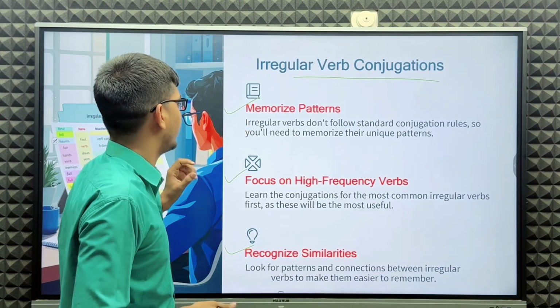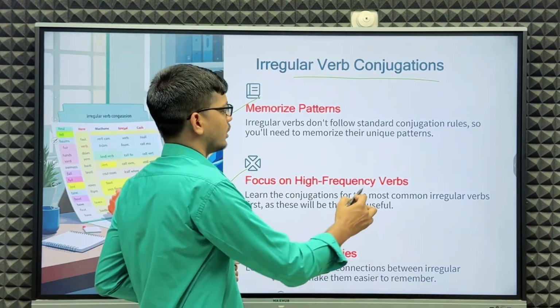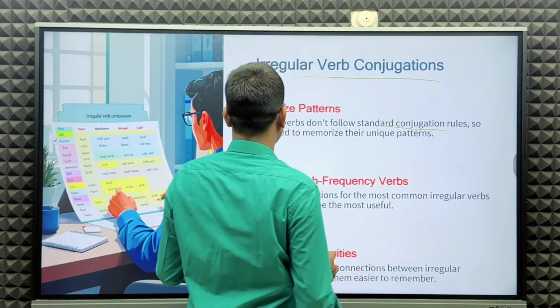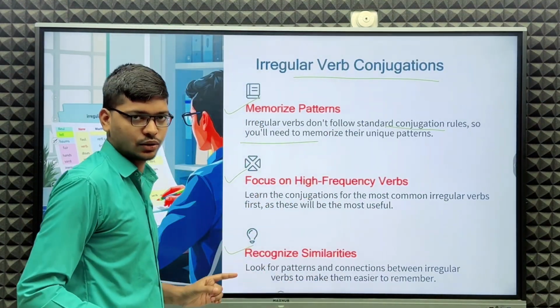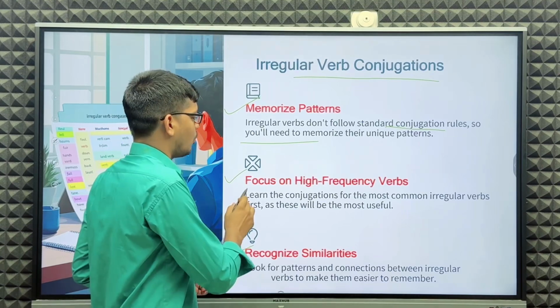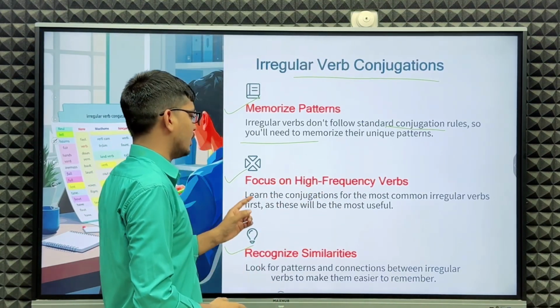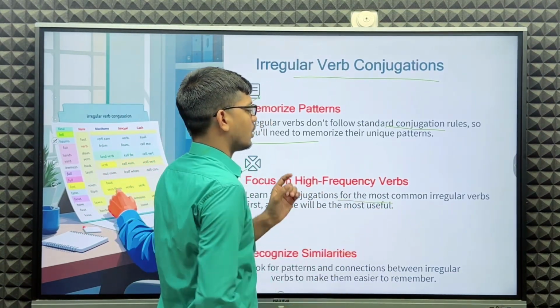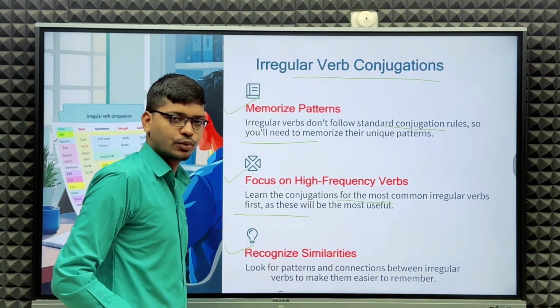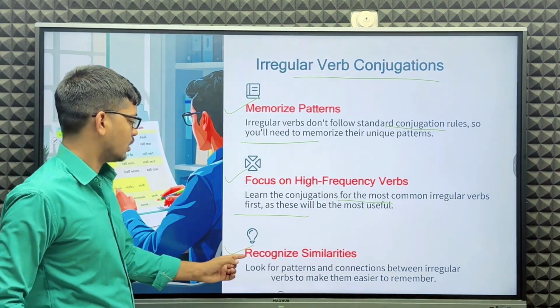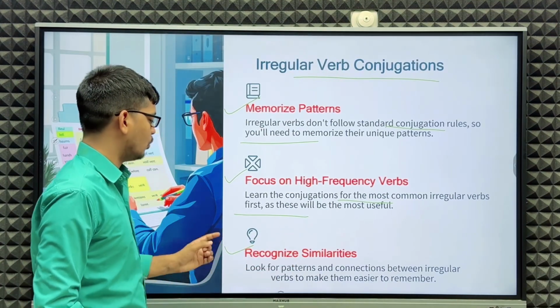Memorize patterns. Irregular verbs don't follow standard conjugation rules, so you will need to memorize their unique patterns. Focus on high frequency verbs. Learn the conjugations for the most common irregular verbs first, as these will be the most useful. Next, recognize similarities.